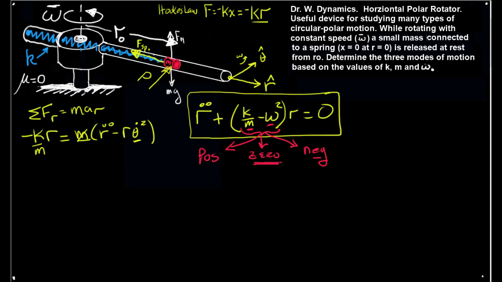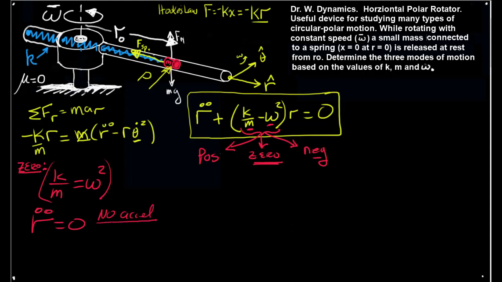Let's take a look at the case where it's 0 first. For a 0 value, we see that k on m would have to equal omega squared. And at that point, r double dot would then be 0, which implies that there's no acceleration. So that tells us if it's initially at rest, it will stay at rest.